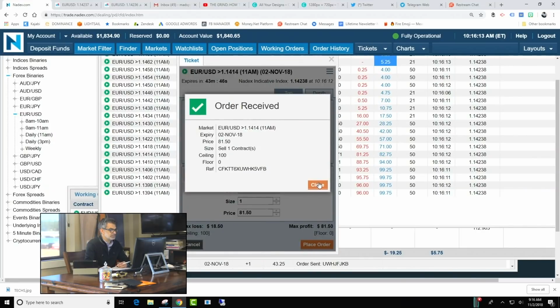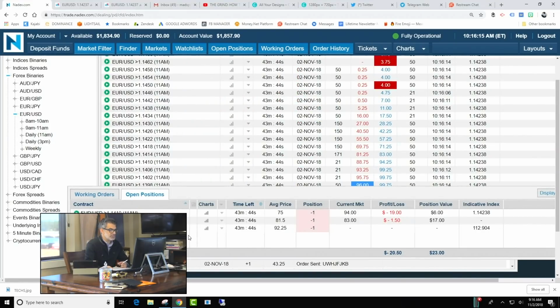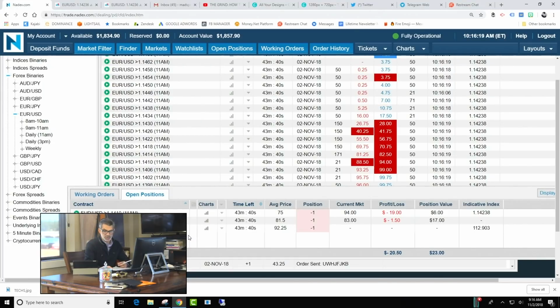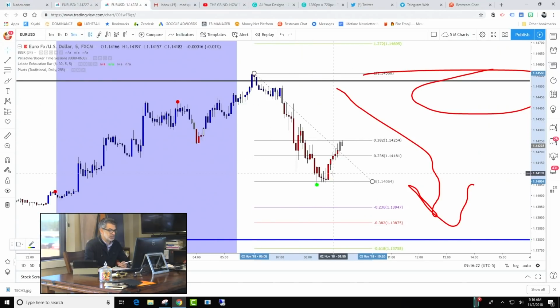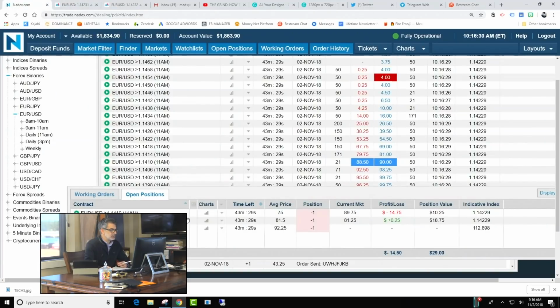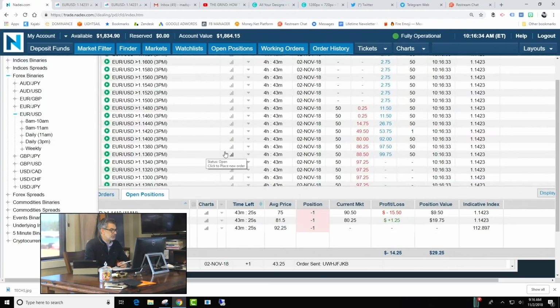Sure, I'll take that one. Not a lot of time to expiration, but the price is close by. And the trend is down today, so I'm trading with the trend. And I've got 43 minutes for that to finish off below 1400.